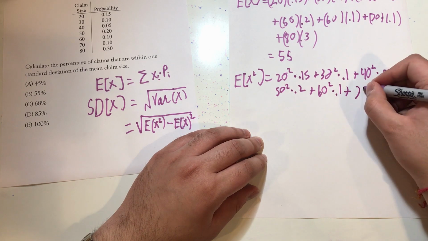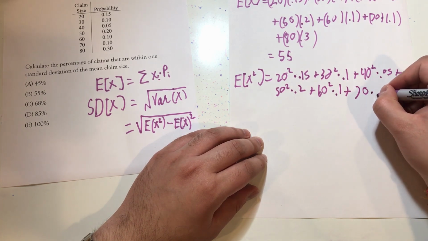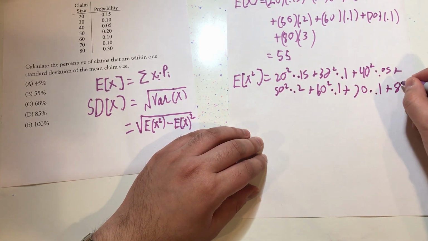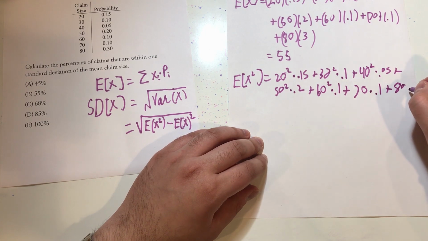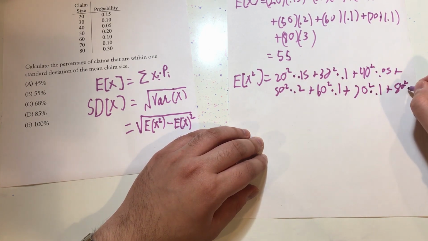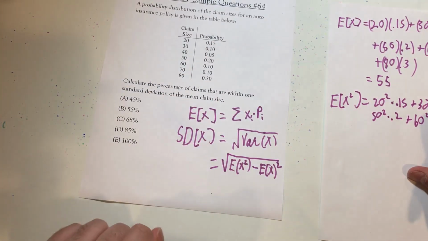If this is seeming a bit messy, because it is, just know where I'm getting the numbers from, which is the chart given to us here.